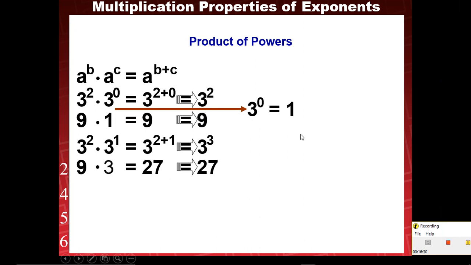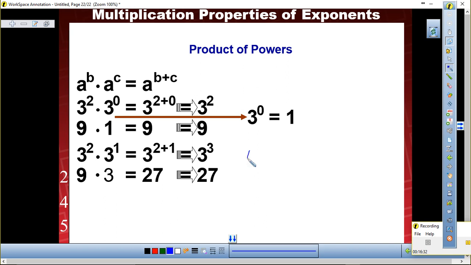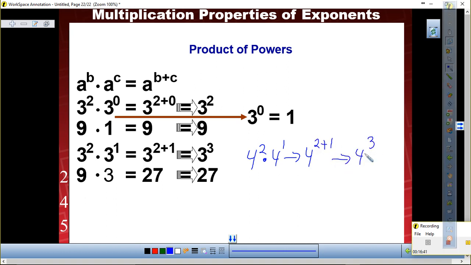So let's see if that works with other numbers. Let's see. 4 to the second times 4 to the first is the same as 4 to the second plus 1, which is 4 to the third, yes? So 4 to the third is 4 times 4 times 4, which is 64. This is 64. This is 16. Therefore, 16 times what gives me 64? 4. So look at this and look at this.